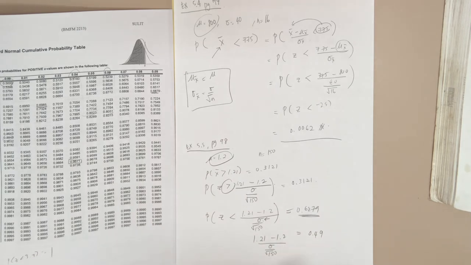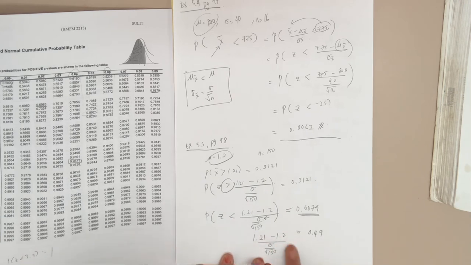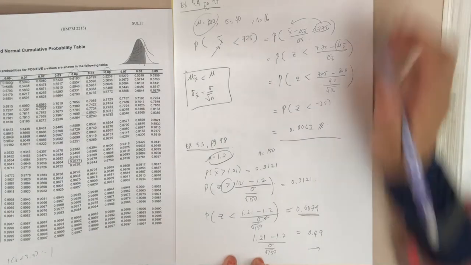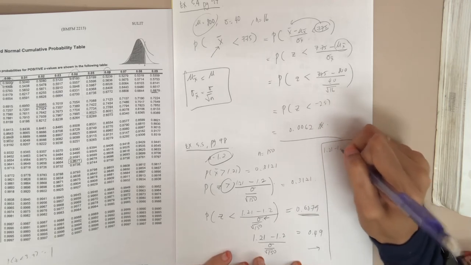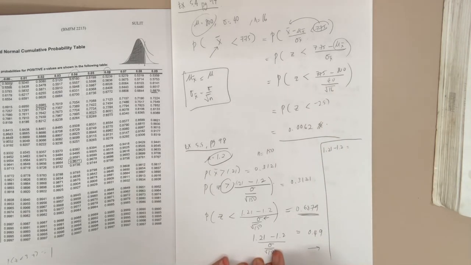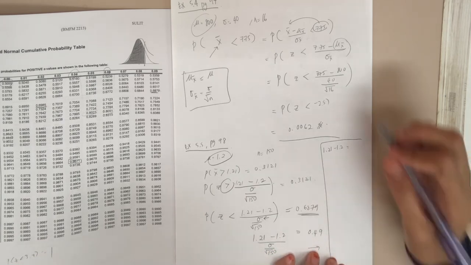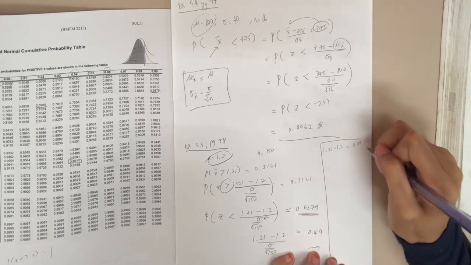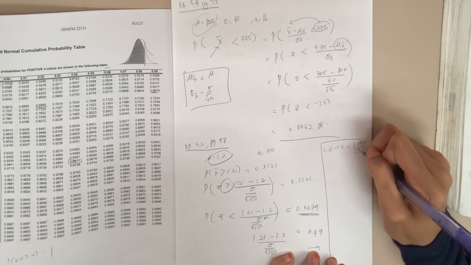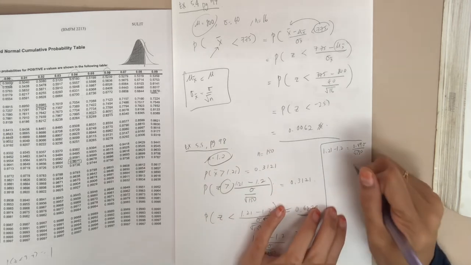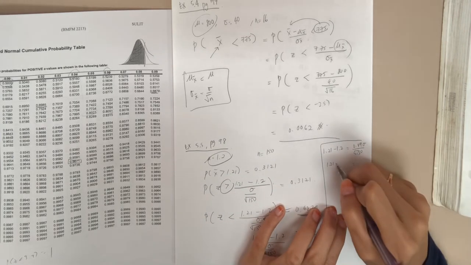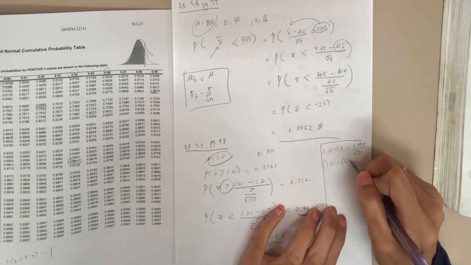So you just rearrange, meaning move things to the other side. I will show you here. 1.21 minus 1.2, I bring this to the side, so it will be 0.49 sigma over this one. I bring the square root of 150 to the side, so 1.2 times the square root of 150 on this side.